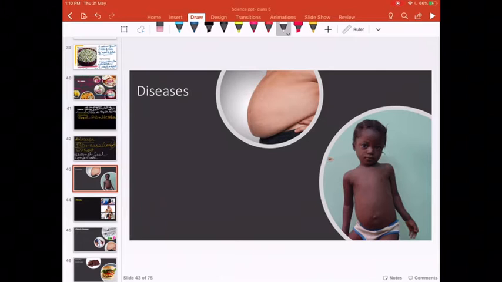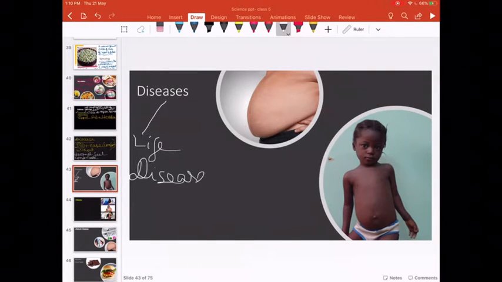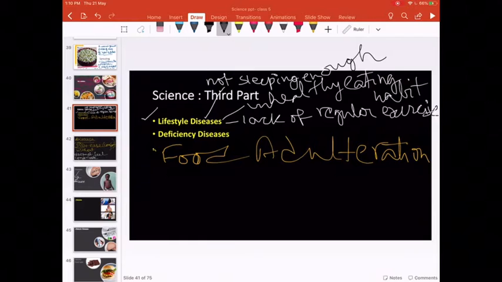Now the first form of disease is lifestyle disease. You see, an example of a lifestyle disease is obesity. Now students, there is another type of disease.